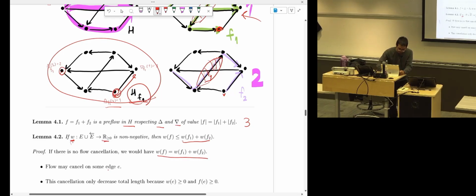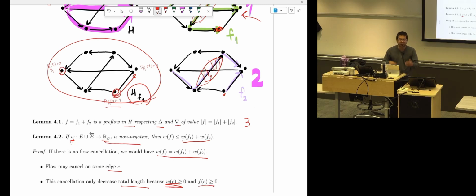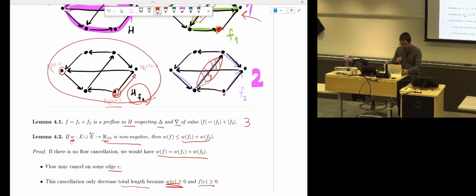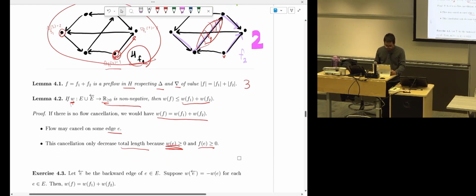But there can be some cancellation on some edge. But this cancellation will only decrease the total length, because here I use the fact that the weight is non-negative and the flow is positive. So you just remove something positive. Okay, good.